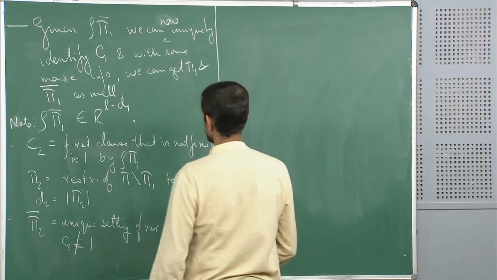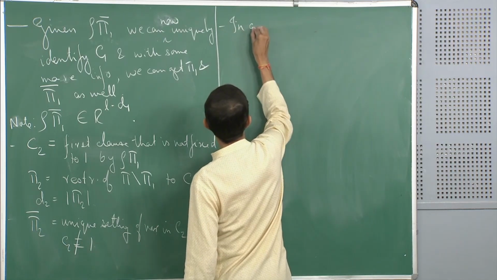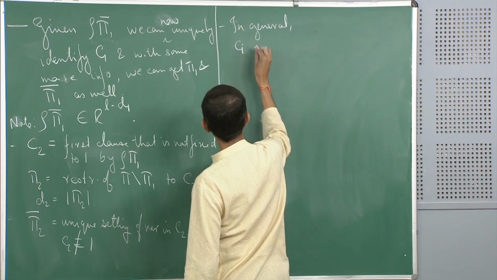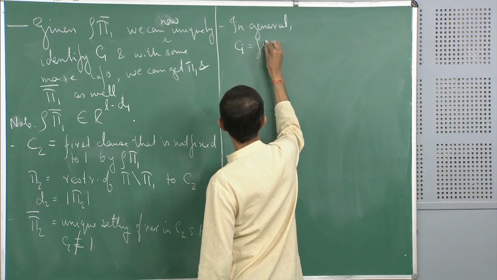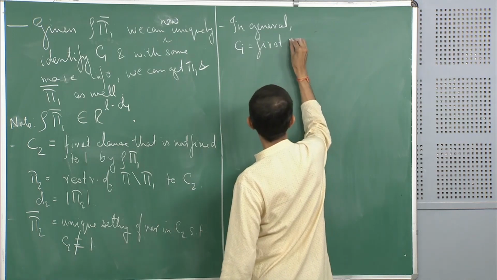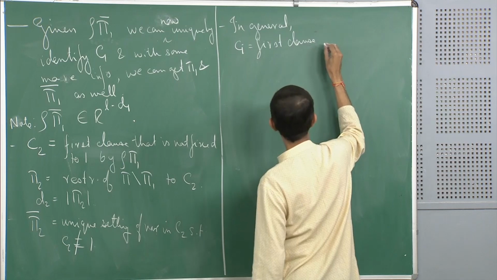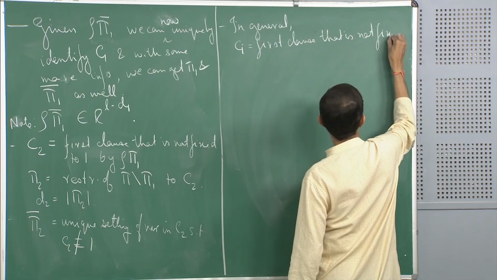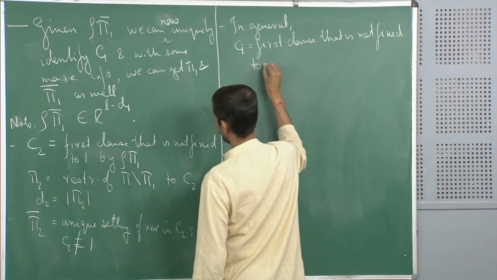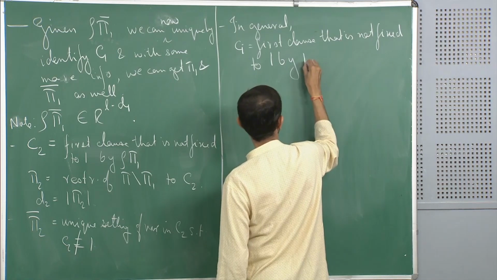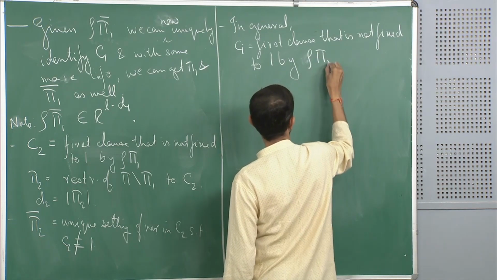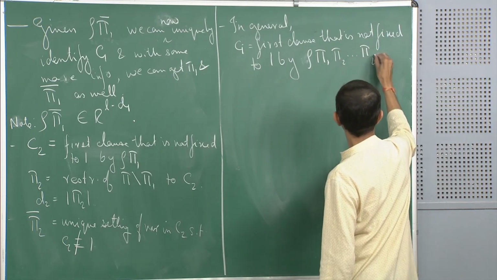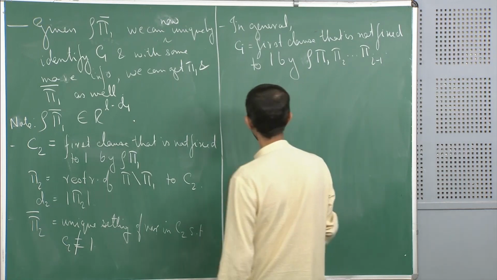Okay. So in general, let me write this, Ci is equal to the first clause that is not fixed to 1 by rho pi 1, pi 2 up to pi i minus 1.